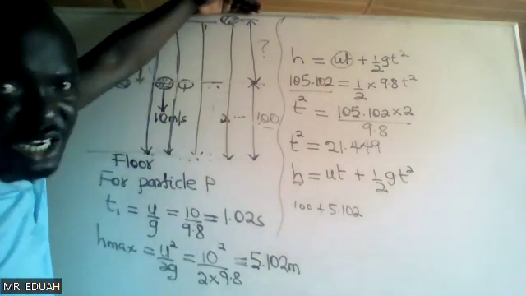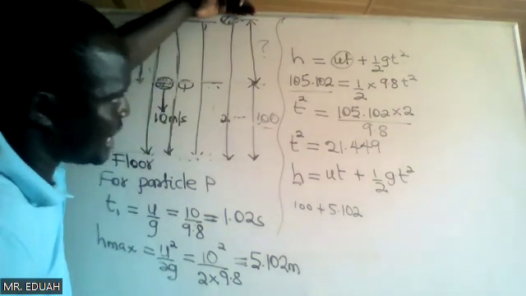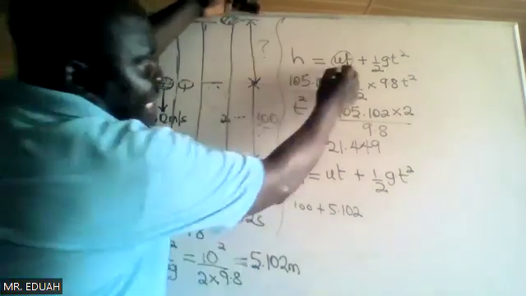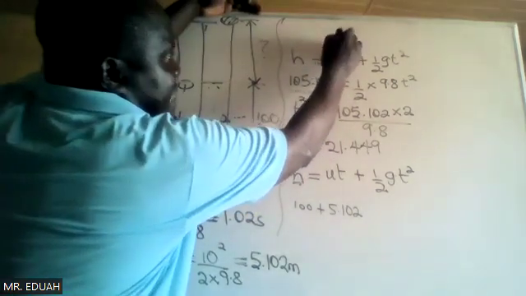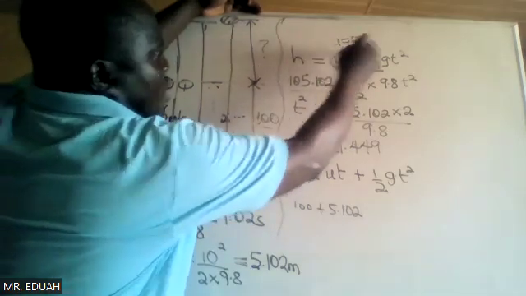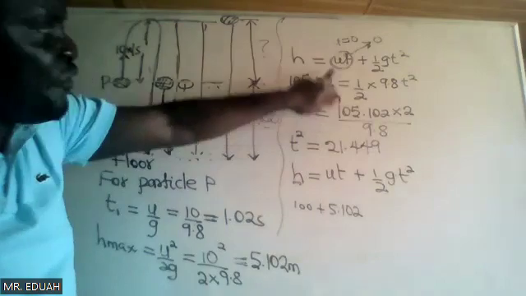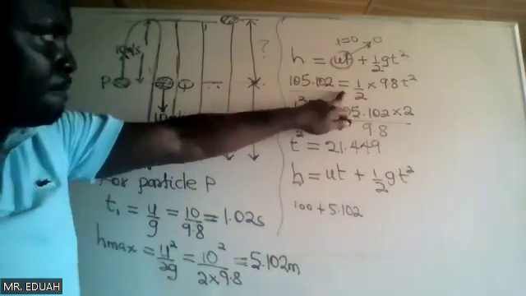When it is falling from the maximum height towards the ground, it is free falling, so the initial velocity u is 0. Zero times t makes this side go to 0, the reason this side never featured. Are you okay?